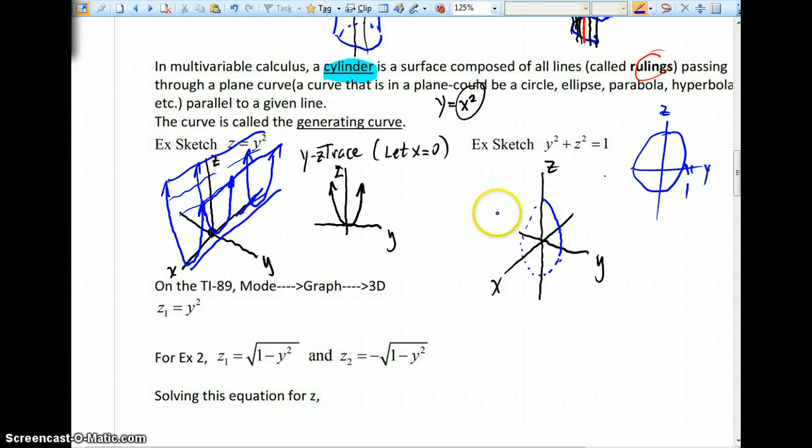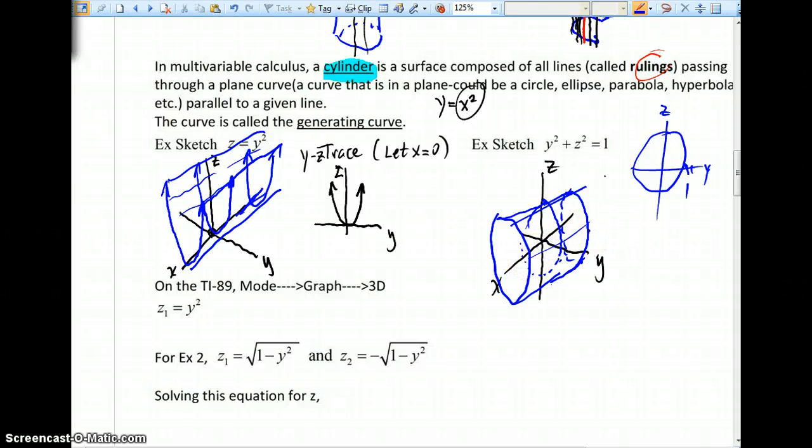You could say, well, look, we're going to have a circle out in front, and here maybe you'd want to draw a ruling, draw another ruling, draw another circle maybe back here if you'd like. Very often kids are going to say, well, Mr. Dobner, isn't this really the traditional geometric cylinder? Indeed it is. You bet it is.